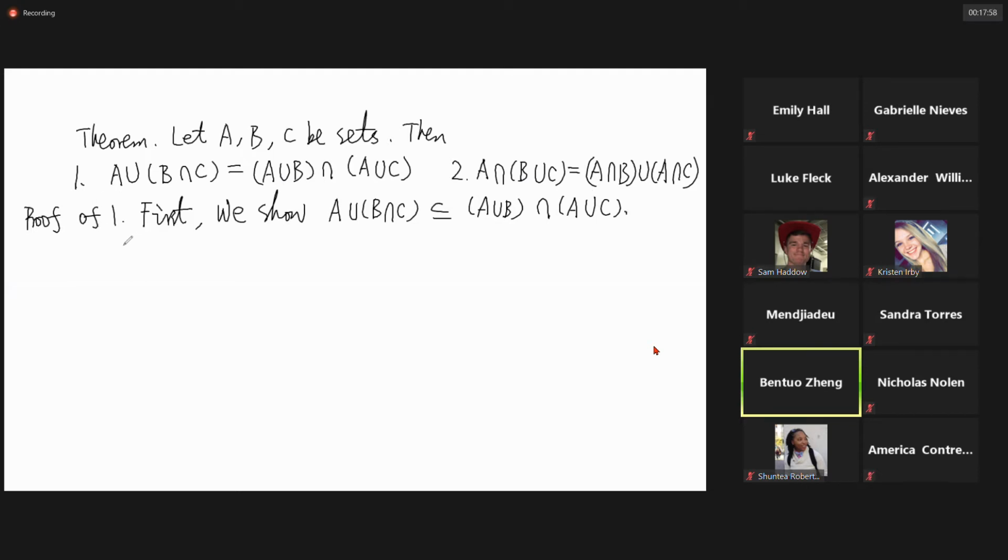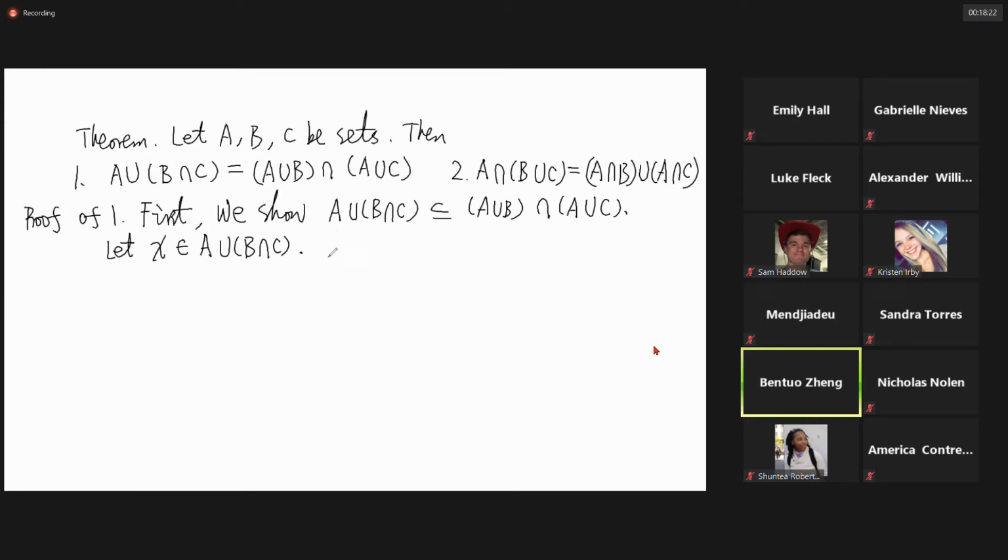How to prove this? We'll let X be any element in the set A union (B intersect C), and we want to show this X is contained in (A union B) intersect (A union C).